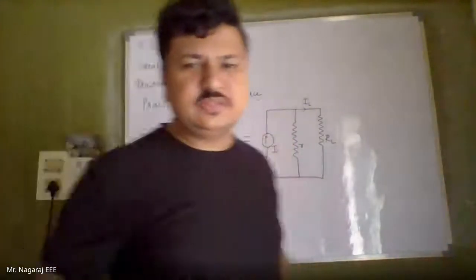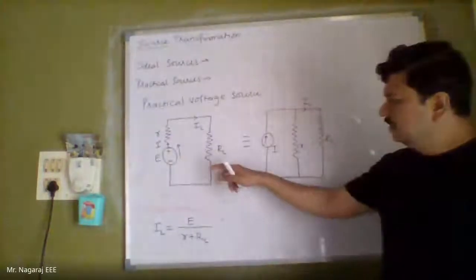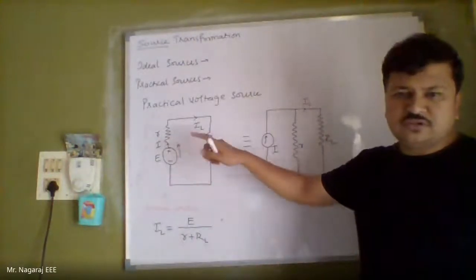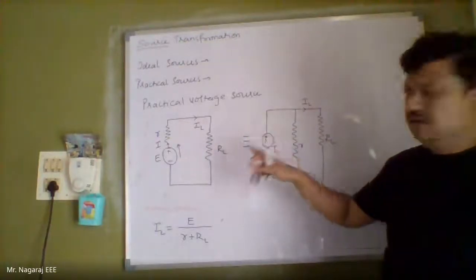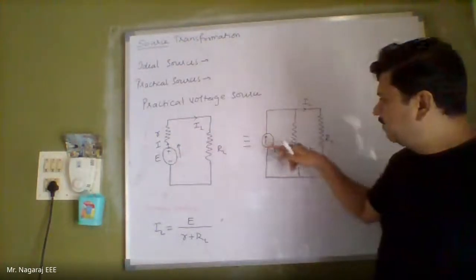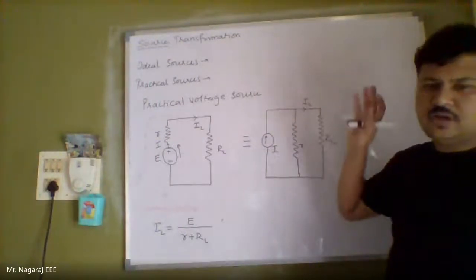Simple remembrance: whichever side has the positive sign of the source, that side gets the arrow mark.